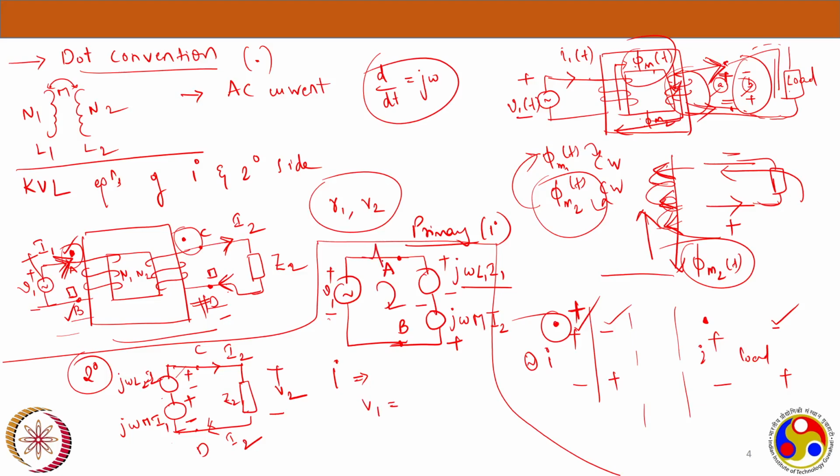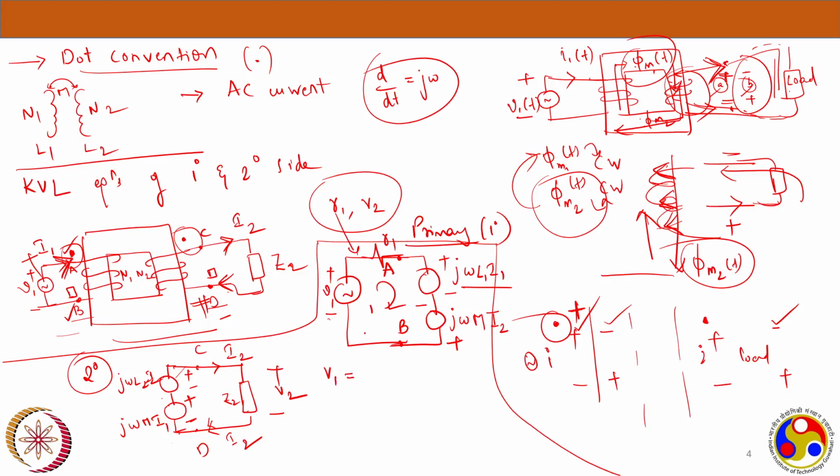There is a small resistance, this is the R1 lumped resistance.